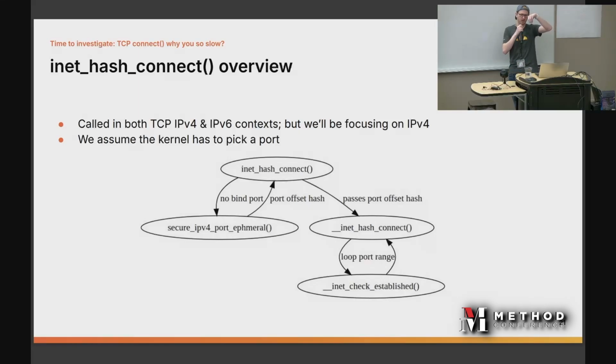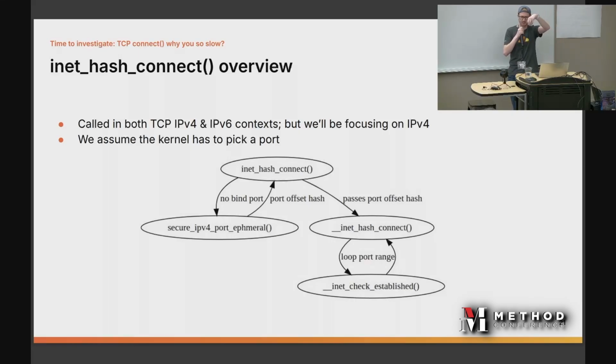We call that the port offset hash. We pass that into inet_hash_connect, and based off that generated offset, we then do some randomness and add that to a port, and now we have our first port, and then we loop over all those ports.